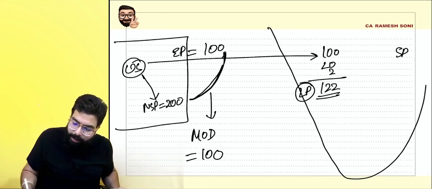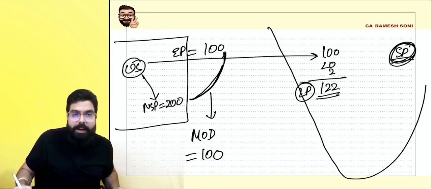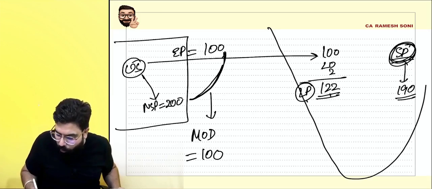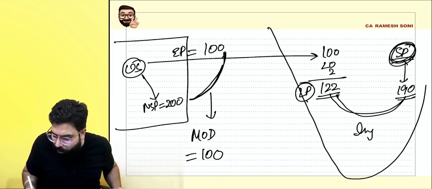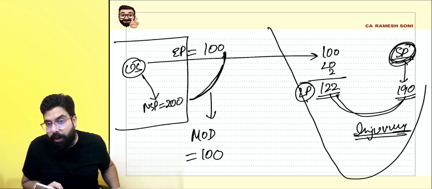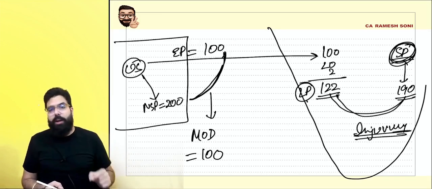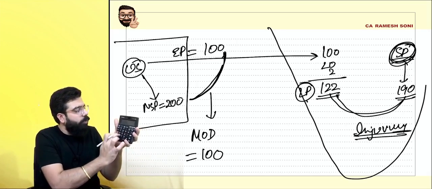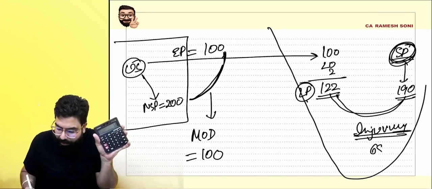In India, the selling price of that goods in the domestic market is actually 190 rupees. Then you have to compare these two. It will be known as injury. So Indian selling price and the landed price, if you compare, that is known as the injury. How much is the injury? 190 minus 122 will give you 68 rupees of injury.